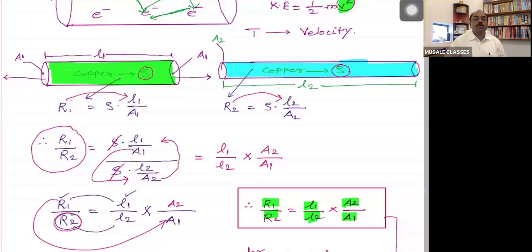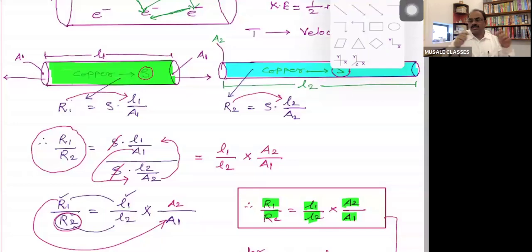There is one more quantity which remains same, and that is volume. You know that when the wire is stretched or compressed, the volume doesn't change. For example, if a bucket has 10 liters of water, and we pour it into 10 mugs, each of capacity 1 liter, the volume will not change.